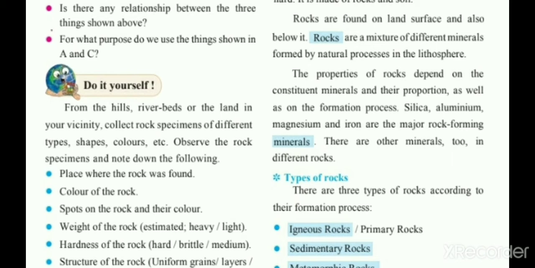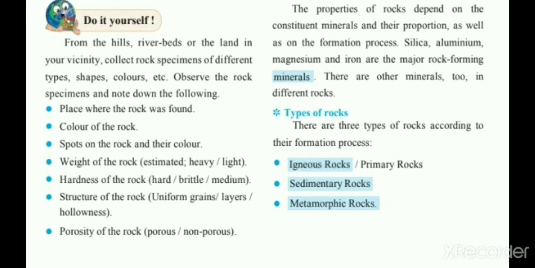Silica, aluminium, magnesium and iron are the major rock forming minerals. There are other minerals too in different rocks.